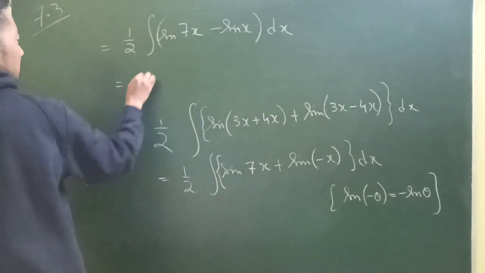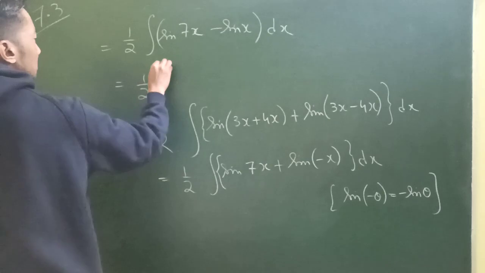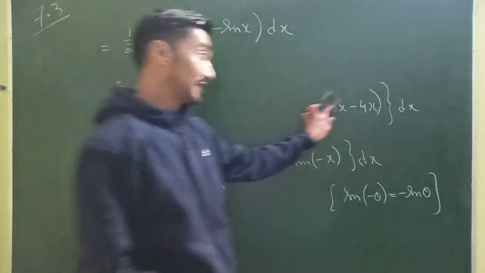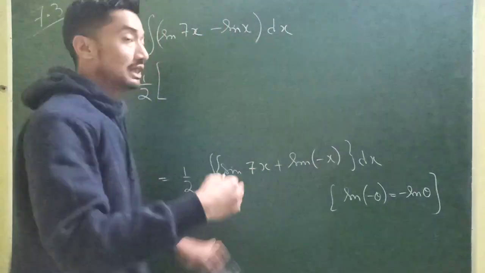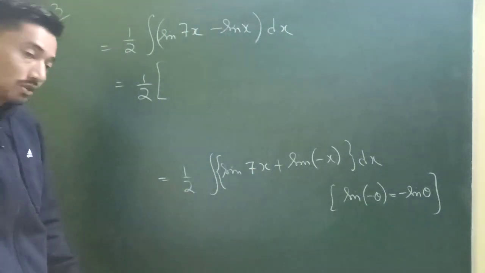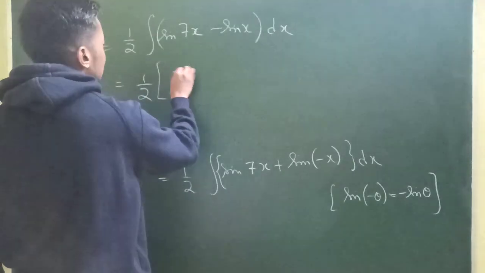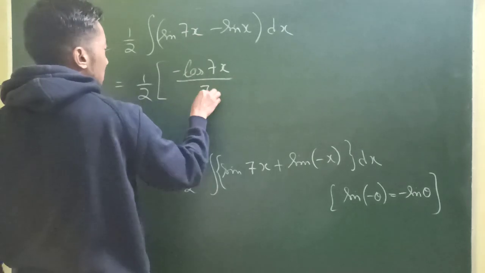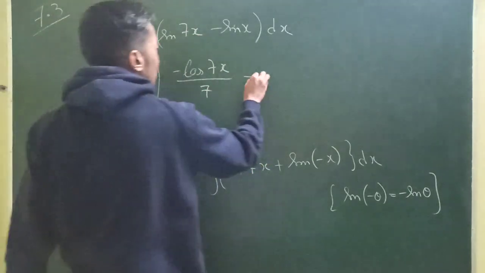So now we can just integrate. That's going to be 1 by 2 times the integration of sine 7x, which we have already discussed. I believe that you are regularly learning from the videos, so I'll not go back and explain. So integration of sine 7x is minus cos 7x divided by its coefficient, instead of using substitution.